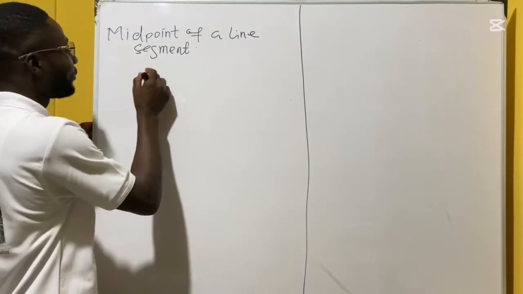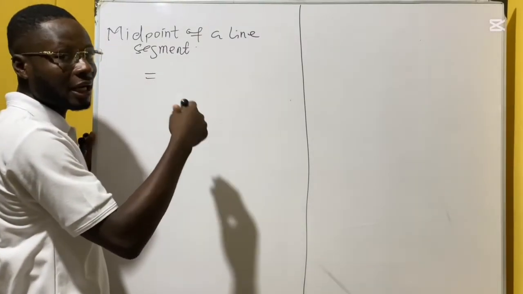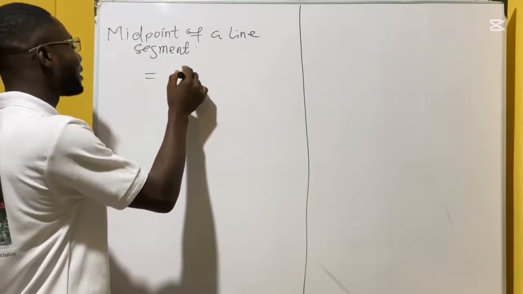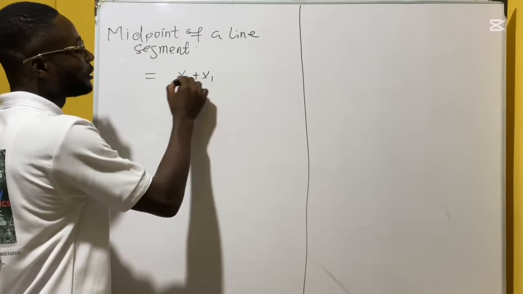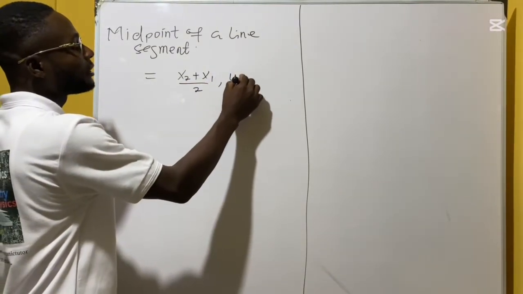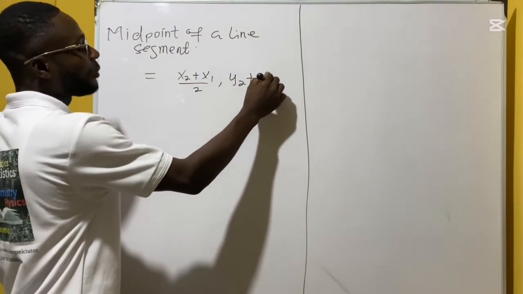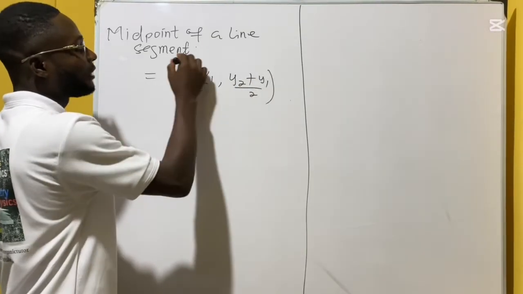We know that if you want to find the midpoint of a particular line between 2 points, it's basically x2 plus x1 divided by 2 and y2 plus y1 divided by 2.